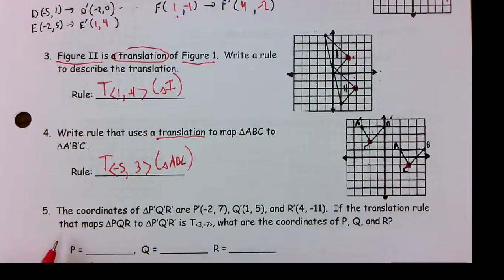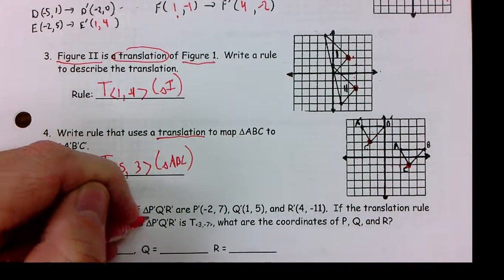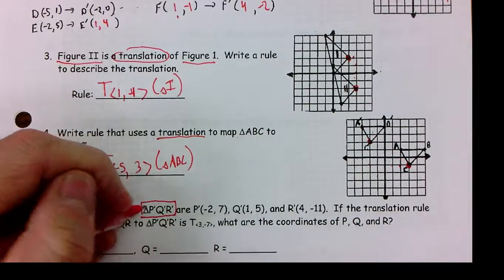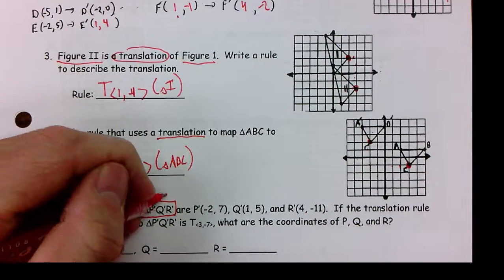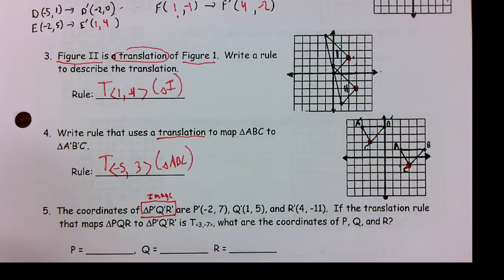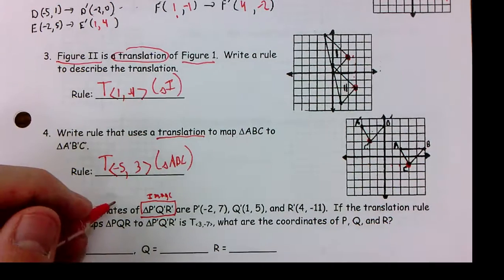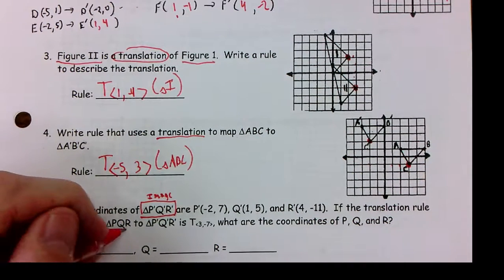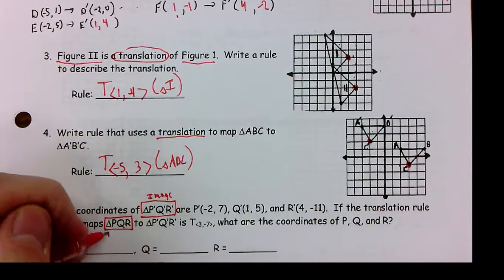Number 5. All right, number 5 is a tricky one because I have given you the coordinates of the image, and I have asked you for the coordinates of the pre-image.